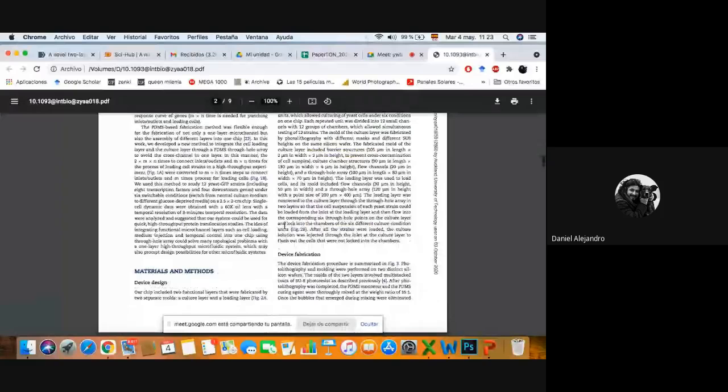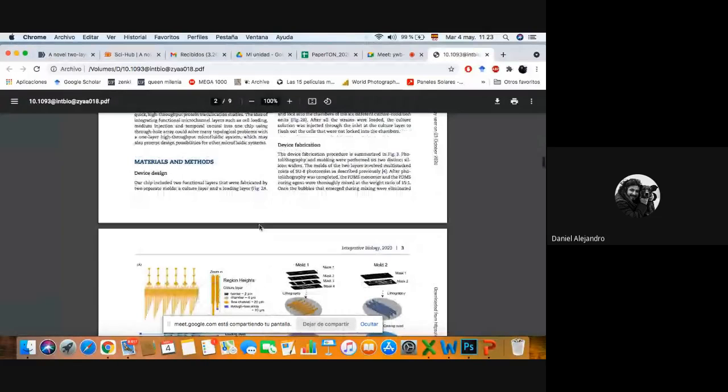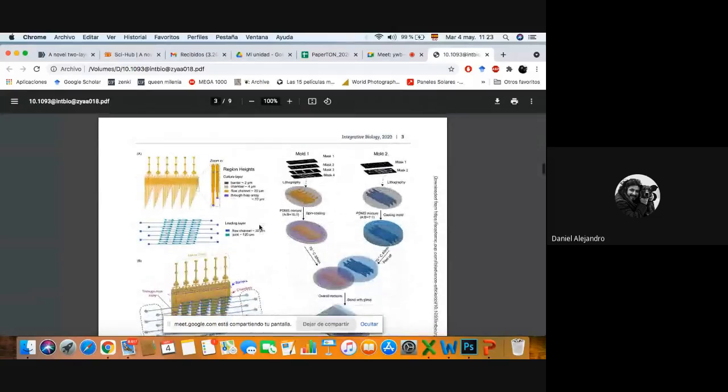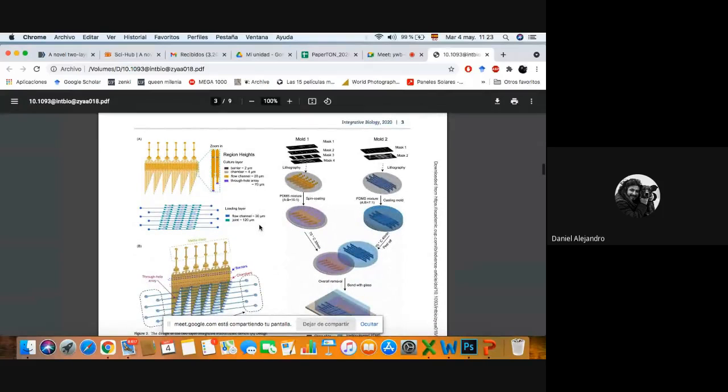So with microfabrication methods, this is the procedure that we know. They use 4 masks here to make the siliceous wafer. Yeah, they use a siliceous wafer with SU-8 polymer.